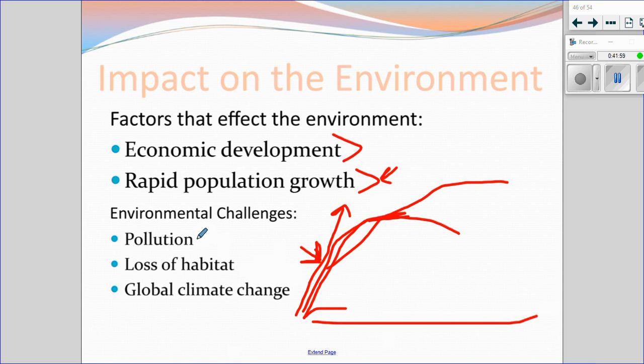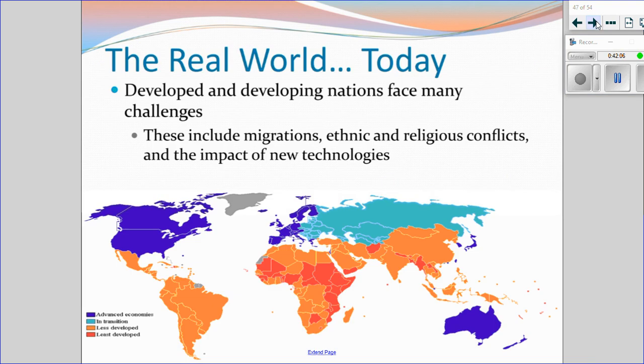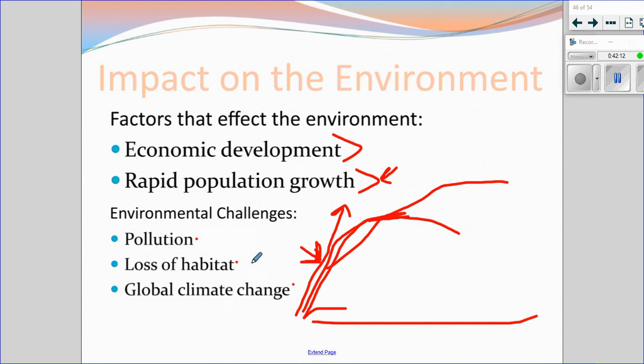So some environmental challenges include pollution, loss of habitat, global climate change. So developing nations face a number of challenges. Let me go back to this. So we mentioned pollution, loss of habitat. Climate change is recognized as one of the major challenges that our species faces.